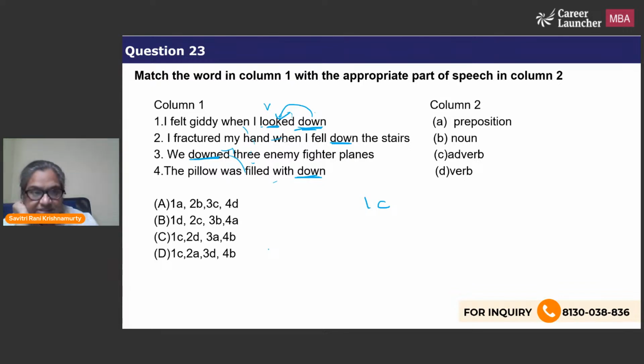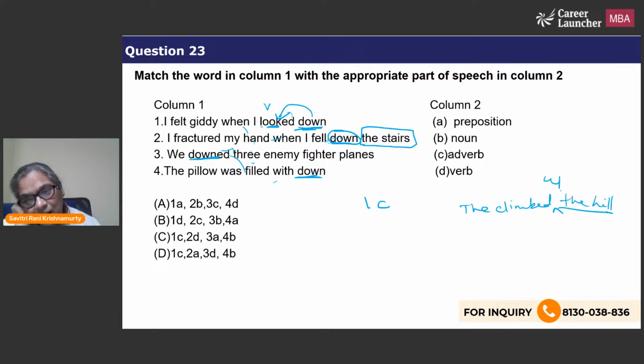Got it? Second, I fractured my hand when I fell down. Now, if I had just put fell down, it would be an adverb. Fell down from where? The steps. So if I say, I climbed up the hill, I walked up the hill.